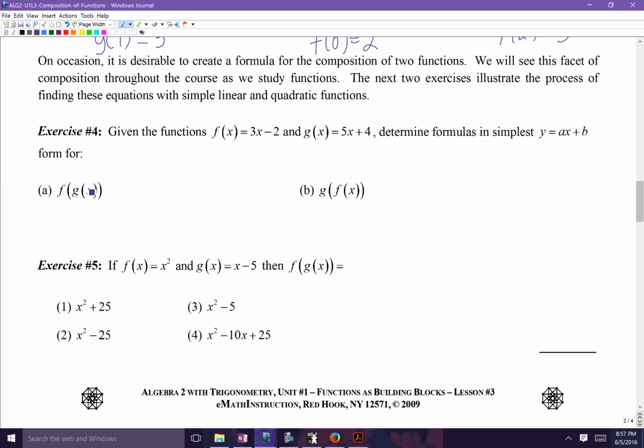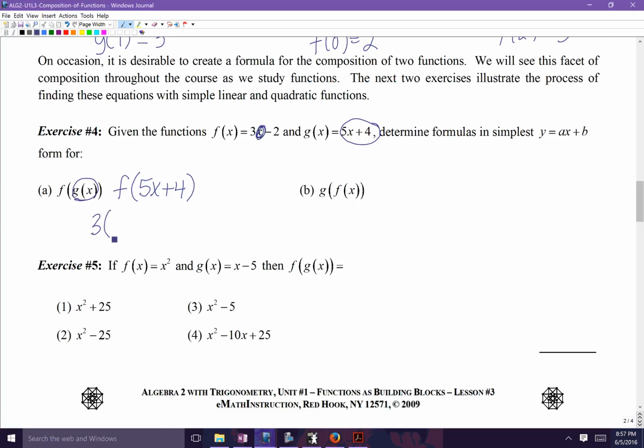So the g function, I start with the inside, has a value of 5x plus 4. So I'm going to write f of 5x plus 4. Because if you remember, I can't do anything with 5x plus 4 because they're not like terms, so I just leave it like that. Now I look at my f function, and wherever I see an x, I'm going to replace x with 5x plus 4.